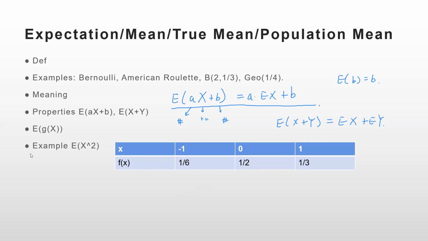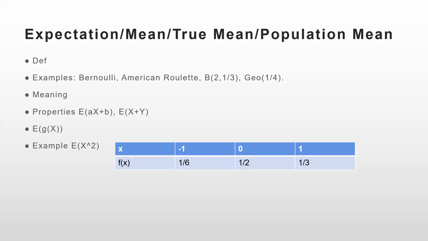All right, so it probably will take longer than I expected. Expectation of g(X) is defined to be the summation of g of little x times f of x. It's not exactly the definition; it's the easier way to calculate.